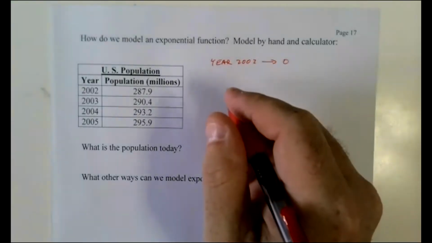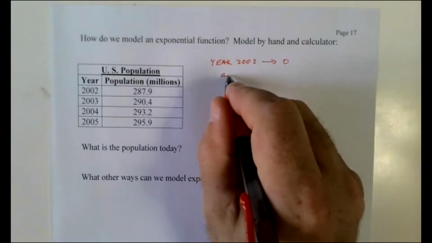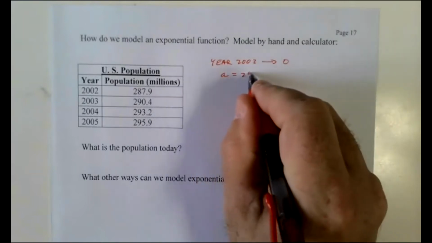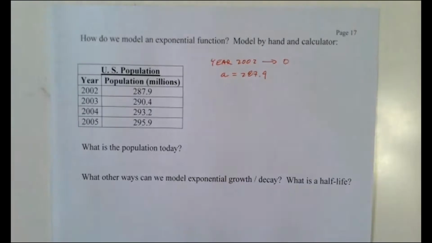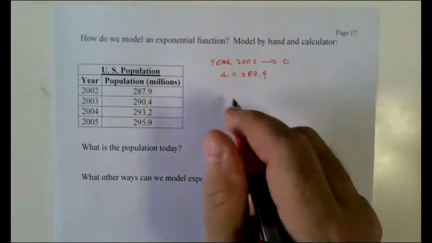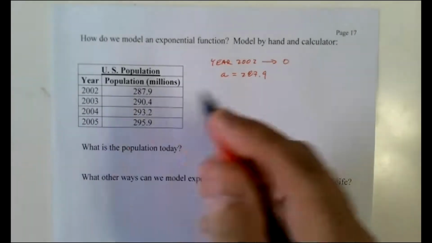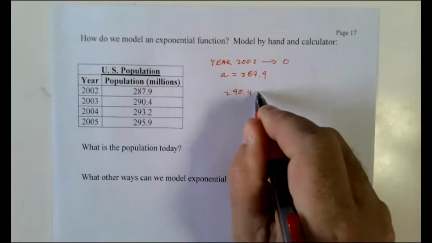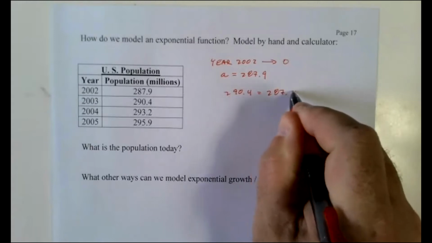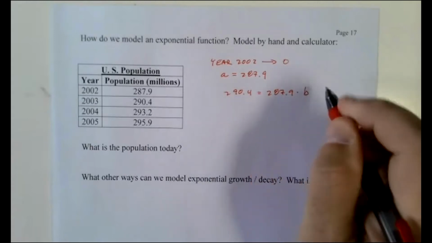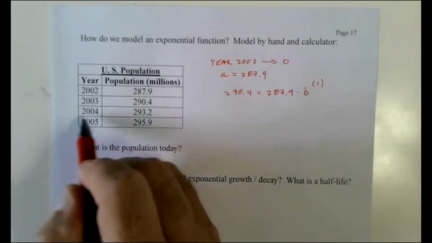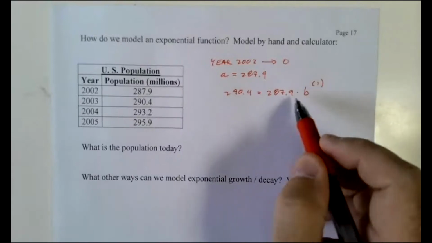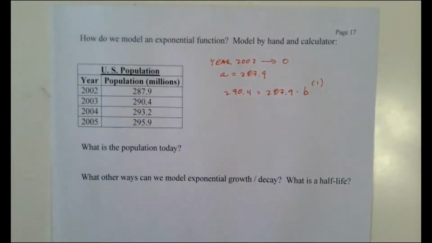So therefore our A value is 287.9. And then you go to year 1 there, 290.4 equals 287.9 times B to the 1st, because that's year 1, which is just B, and then you divide that out.